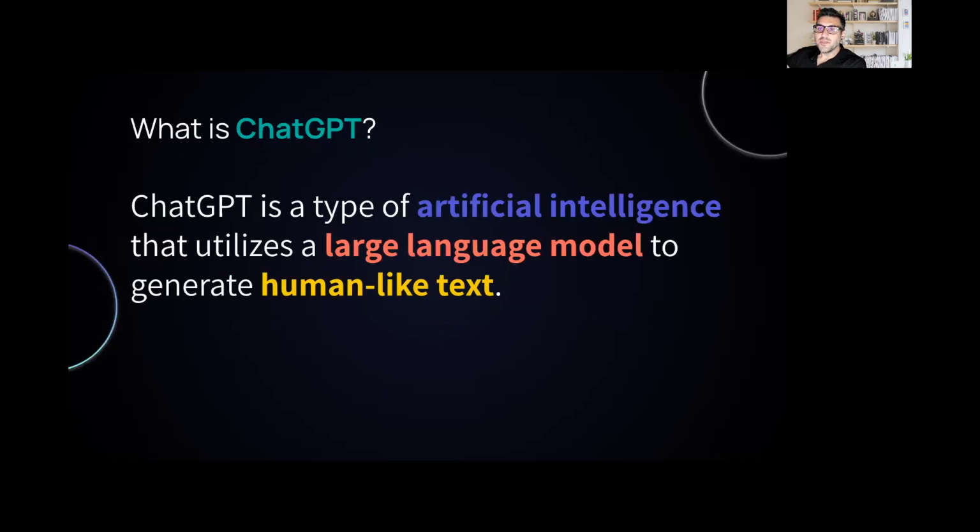So what is ChatGPT? ChatGPT is a type of artificial intelligence that utilizes a large language model to generate human-like text. As simple as it is, it's a large language model. It's a machine learning model, trained with unsupervised learning on a large amount of text, basically from the internet.